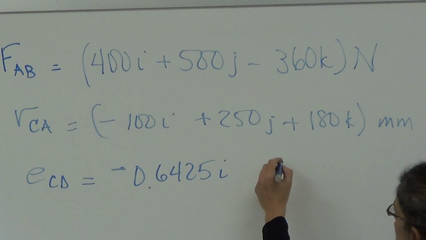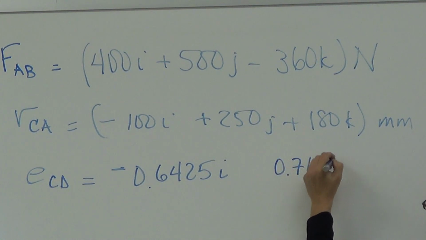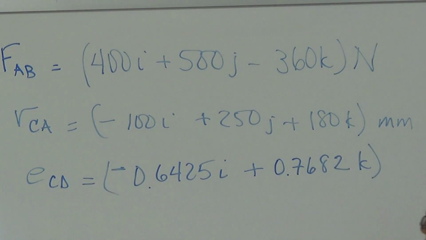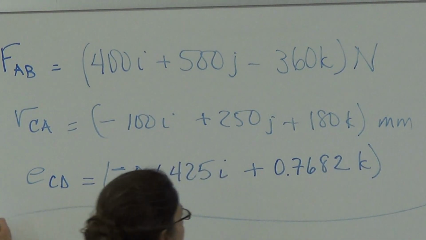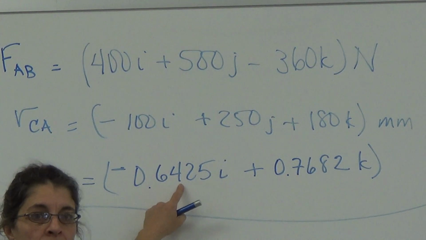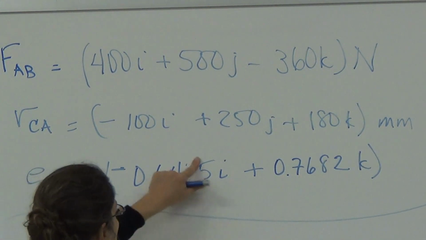Okay, and the k is 0.7682, positive, right? k, no units. Did somebody else get 0.7682? I got 0.6402i. You got 0.6402? Yeah. Somebody else?